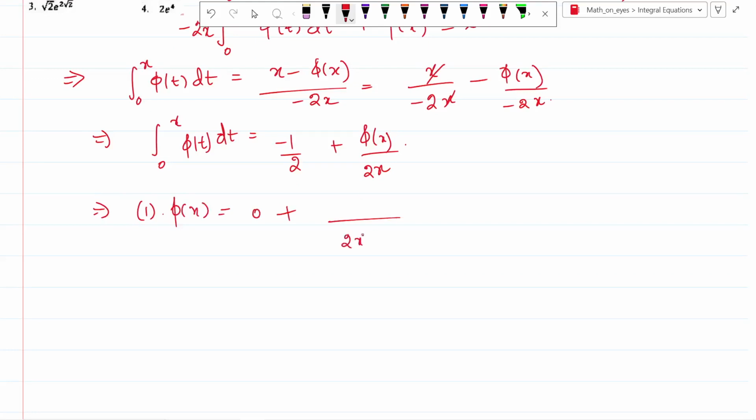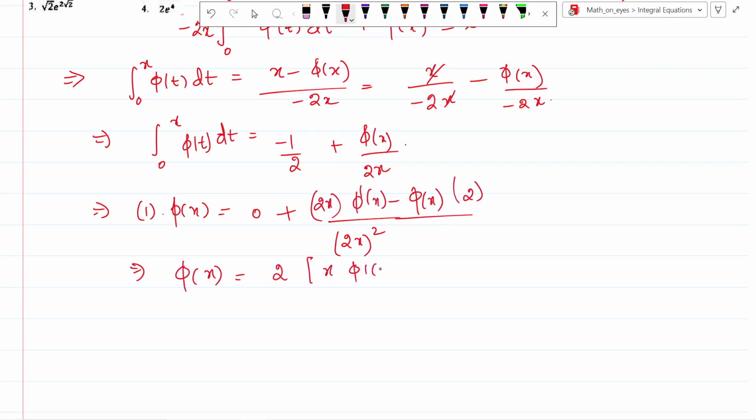So we'll have 2x the whole square in the bottom and 2x as it is, phi dash of x minus phi of x into differentiation of 2x is 2. So phi of x is equal to, 2 can be taken outside, x into phi dash of x minus phi of x divided by 4x squared.